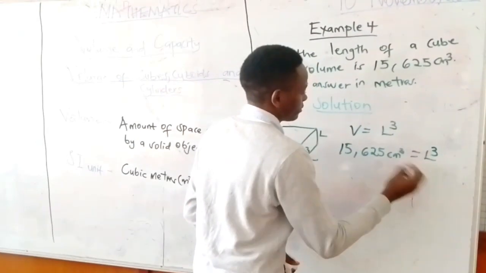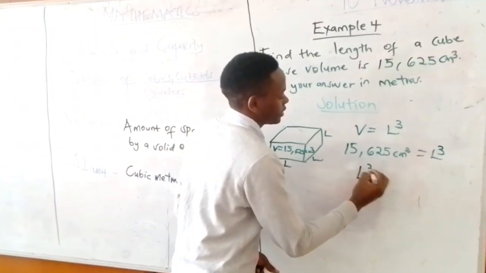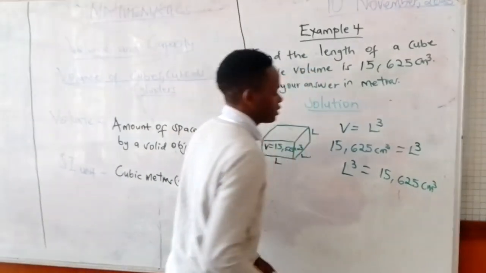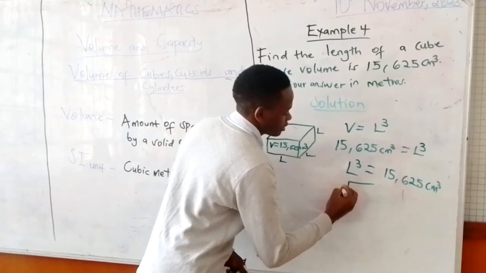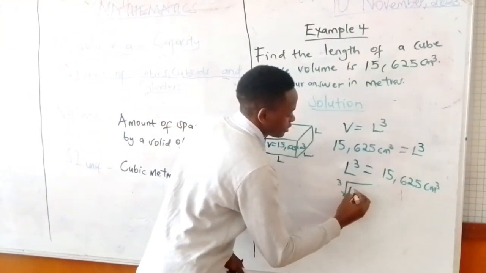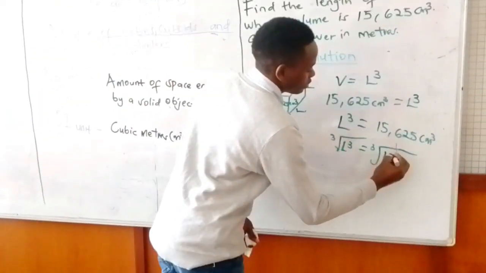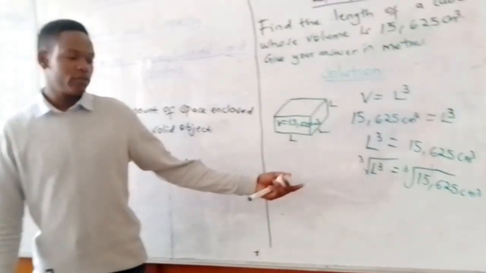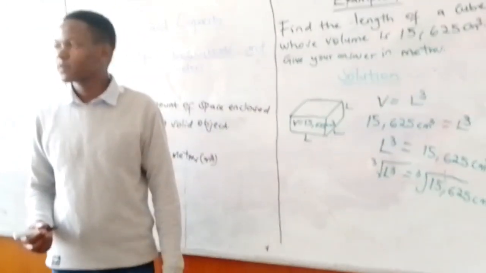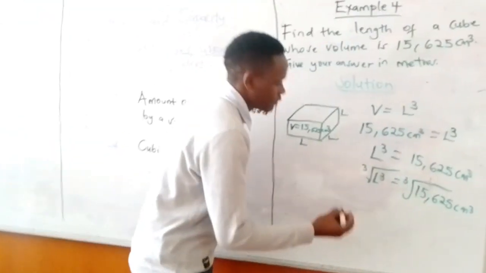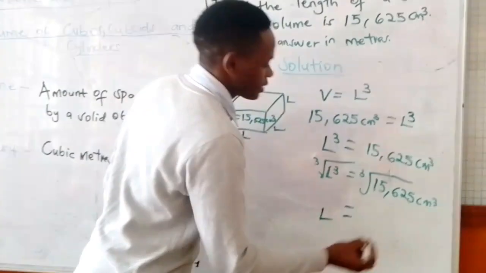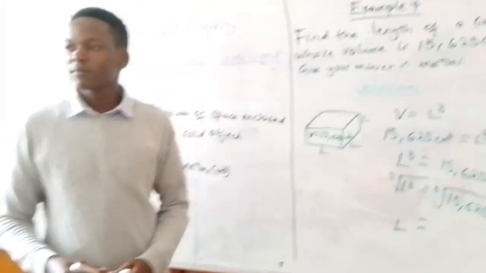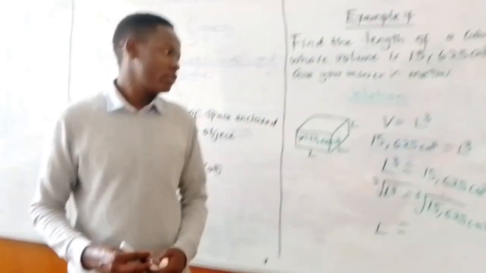The cube root of L cubed is equal to the cube root of 15,625 centimeters cubed. What's the cube root of L cubed? Yes, the cube root of L cubed is L. So L is equal to the cube root of 15,625, which is 25.